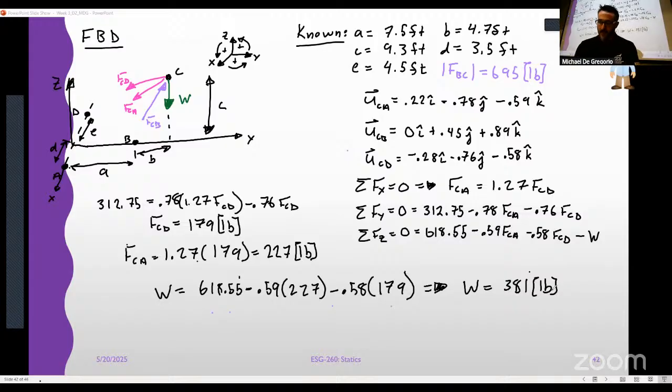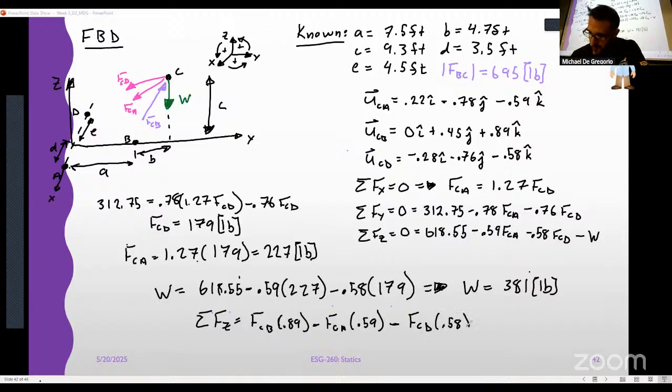We solve for FZ, right? Because when we originally wrote the sum of the forces in the Z, it was FCB times the unit vector there, so 0.89, minus FCA times 0.59 minus FCD times 0.58 minus W is equal to 0.